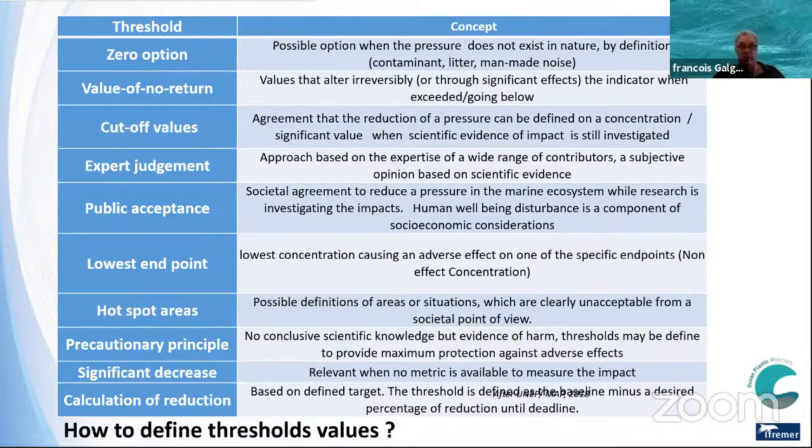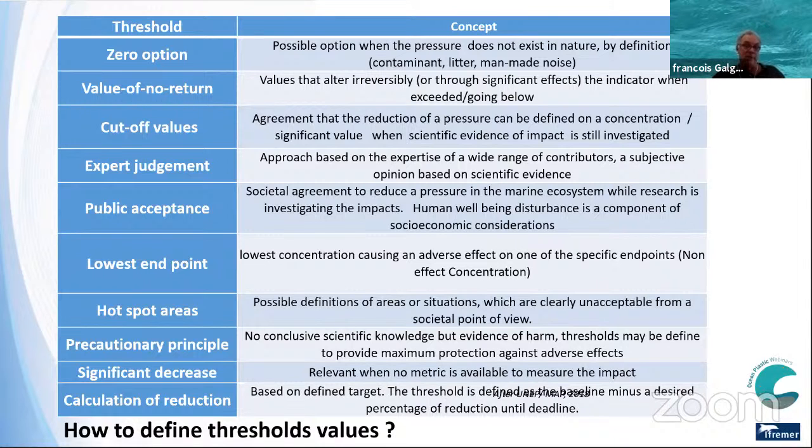Also, in some compartments of the marine environment, you may have different types of impact together. If you could set one threshold for one type, having different types of threshold could be more complicated to define. So we have zero options, so no litter everywhere, value of no return, cutoff values, expert judgment, so it's more subjective, I would say, and public acceptance.